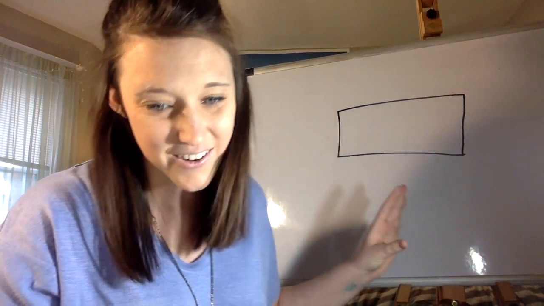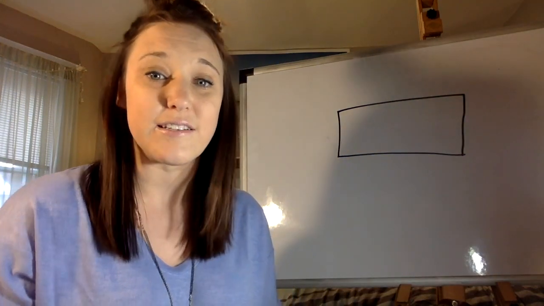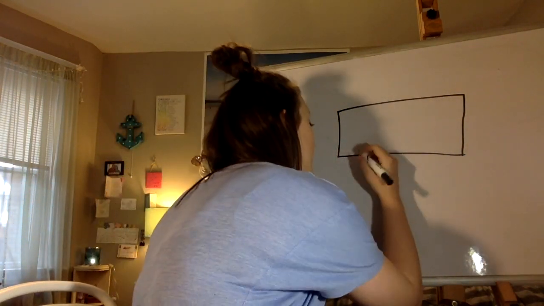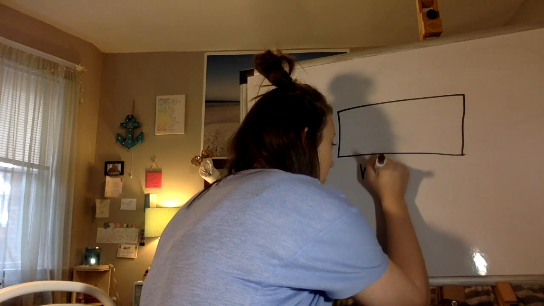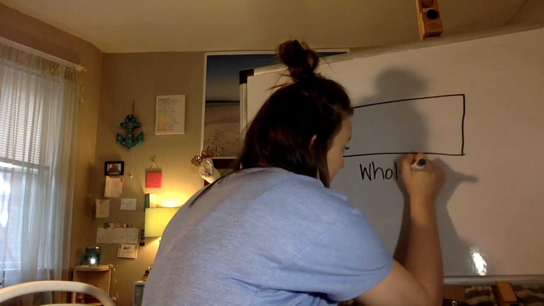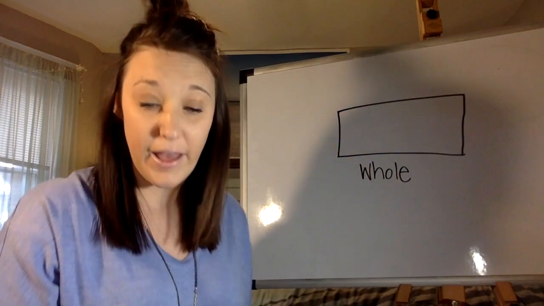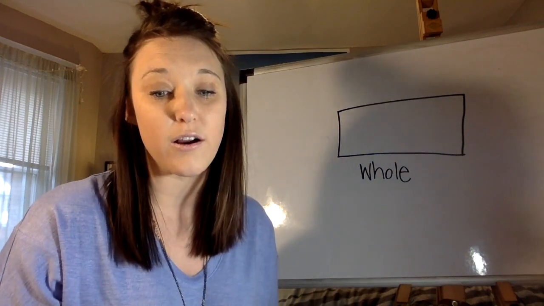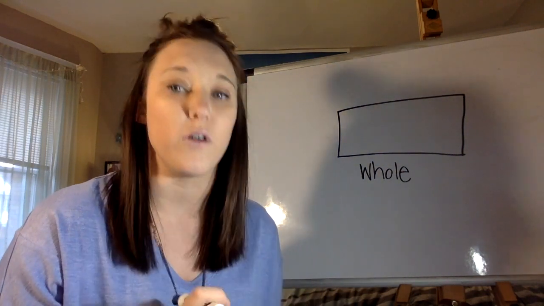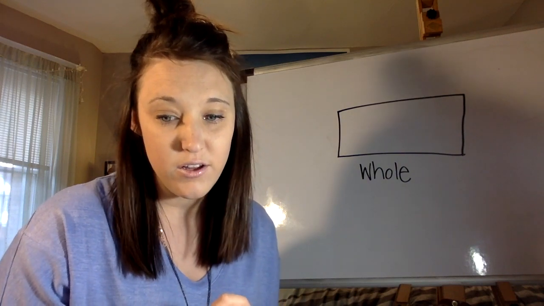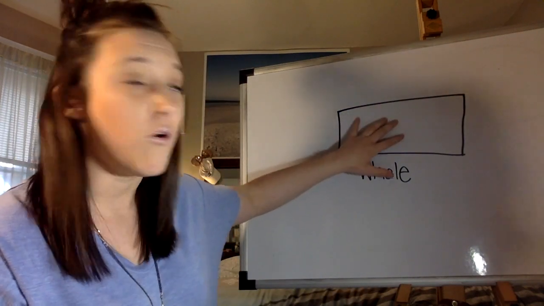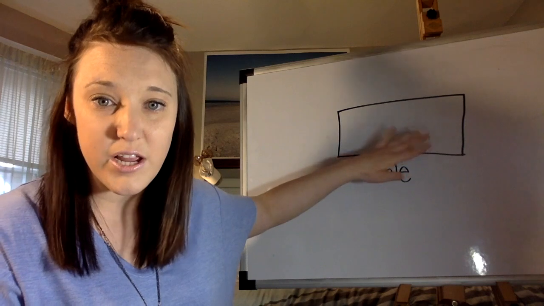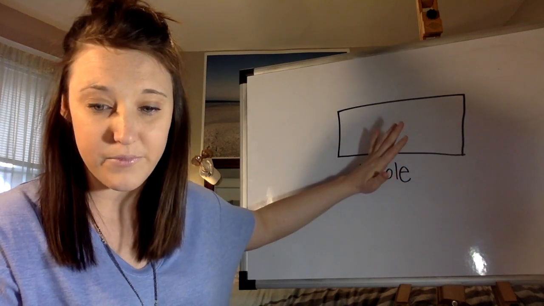The rectangle represents a whole. This is the whole. A whole is all of the parts of one shape or one group. So the whole, that's one shape, one group.